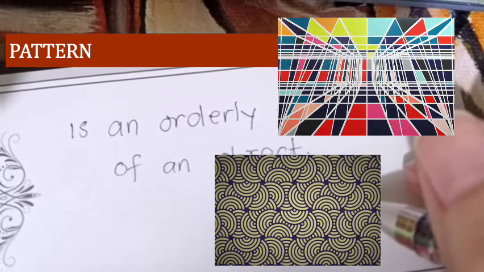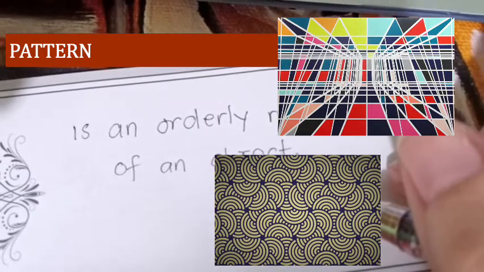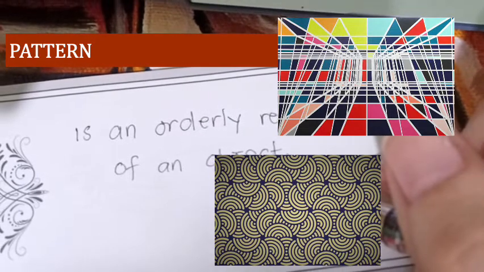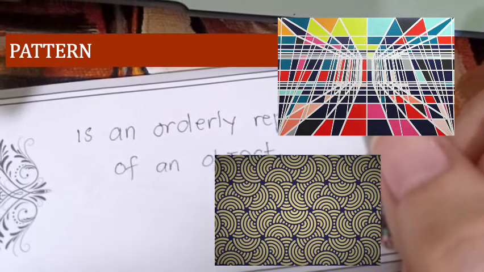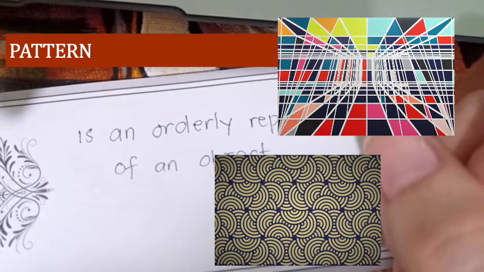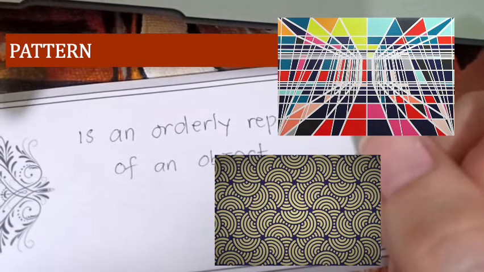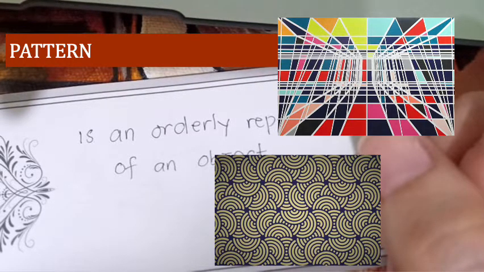Here is another example. You can see here that the artist likes this particular curve, and then he or she repeated it over and over. Sometimes they don't come out exactly the same, but you can obviously see the pattern.